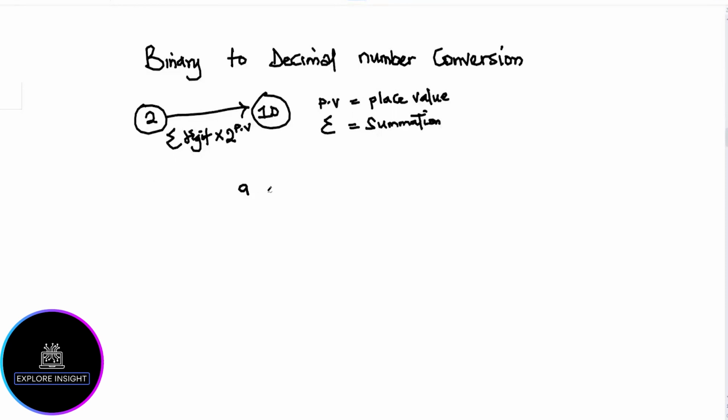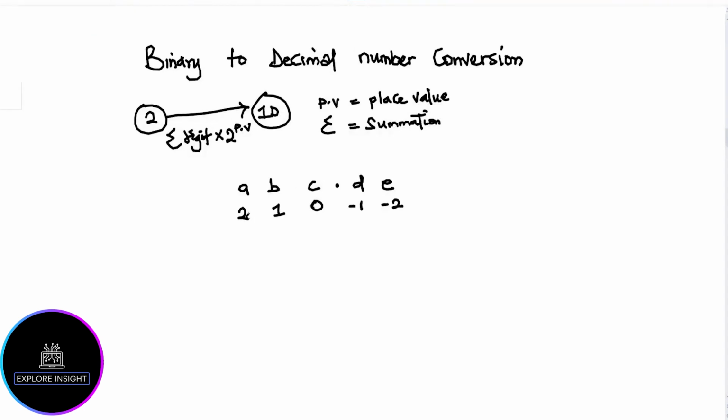Let's consider A, B, C, D, E. Assuming the value were to have decimal places, it means this power will be -1, -2, this will be 0, this will be 1, and then this will be 2.